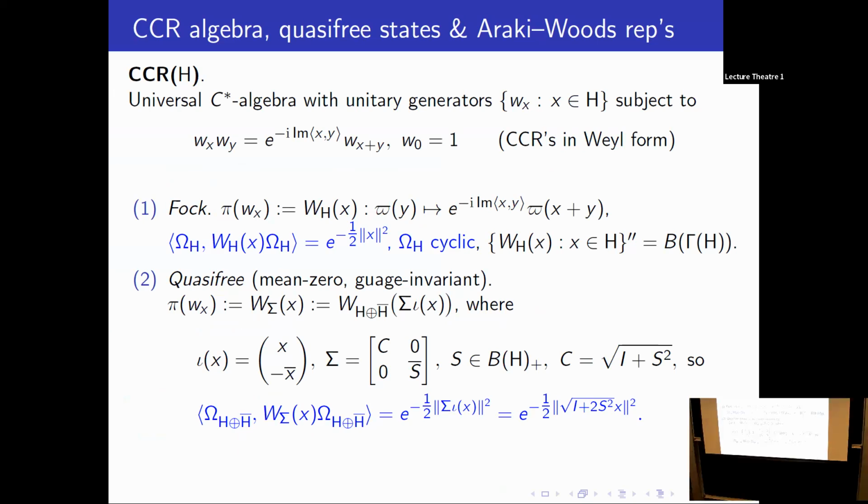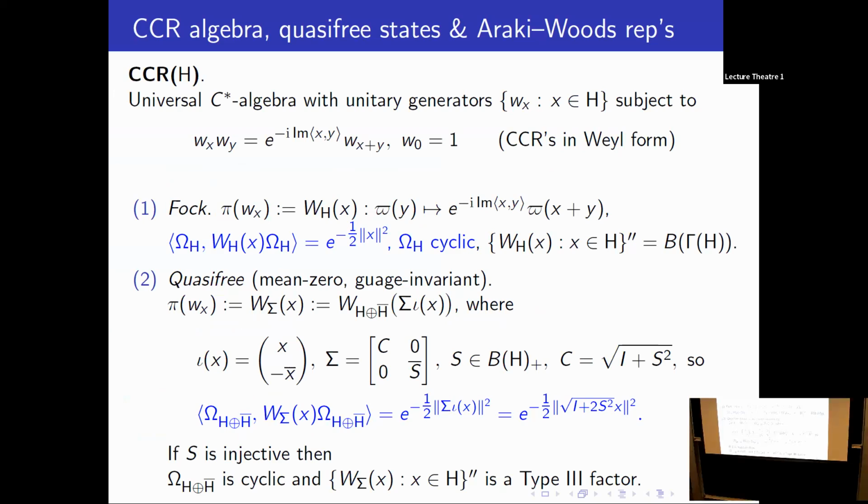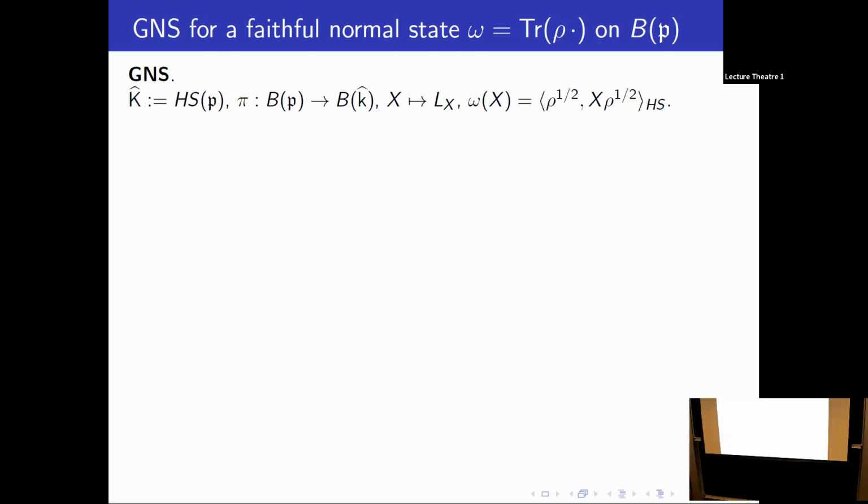So it's Gaussian, as you see, and the case S is 0 is the Fock case, the degenerate case. If S is injective, then the vacuum here is still cyclic, and the Weyl operators generate a type III factor.